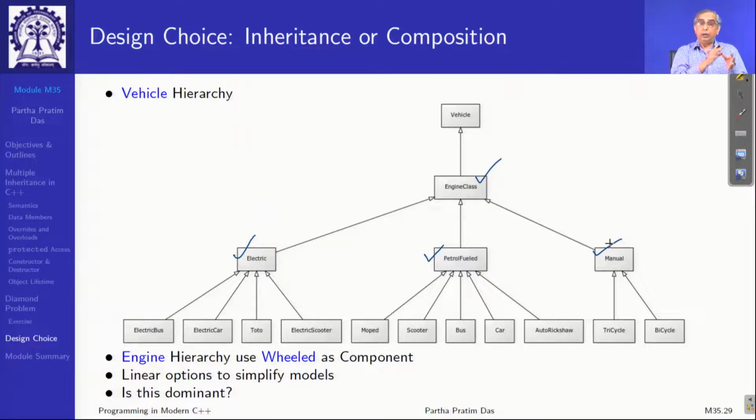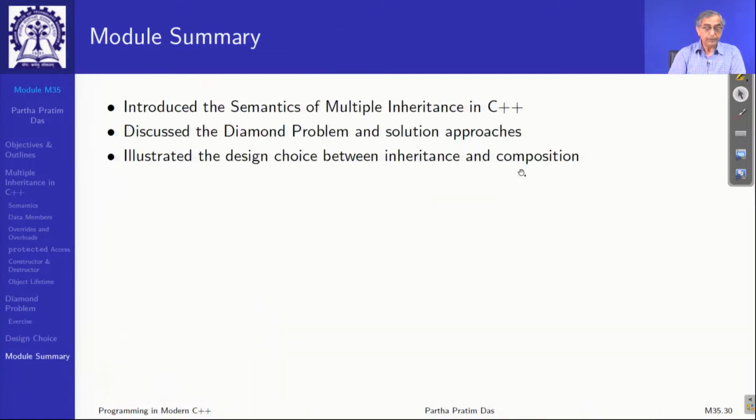So, you can do the inheritance on the engine and use the wheels as composition. So, these are the two ways you can decompose the multiple inheritance in terms of composition. It is normally advised that you do not try to use multiple inheritance, that really complicates matters even in a simple situation like this. Use only one dominant property for simple inheritance and use others for your composition purposes.